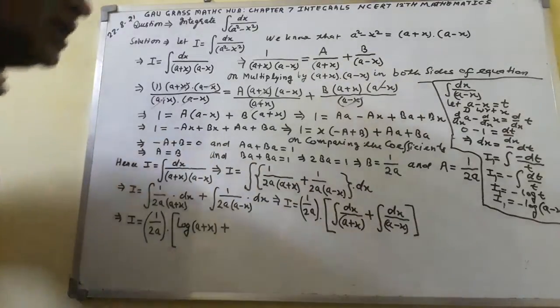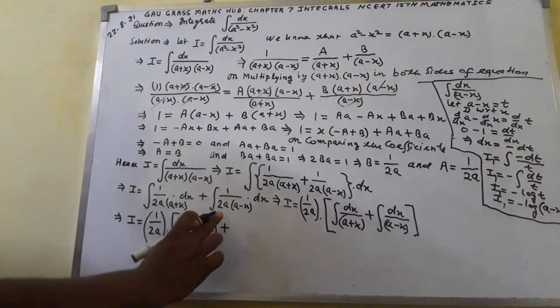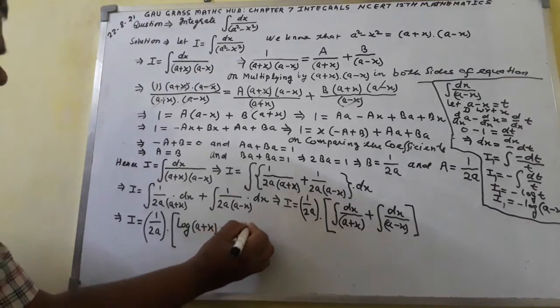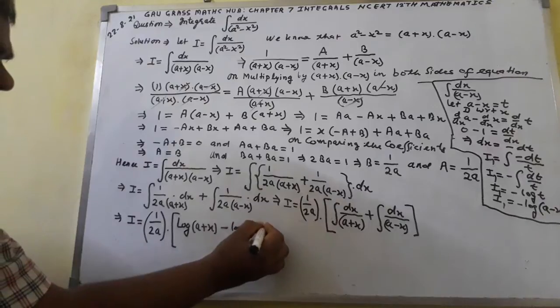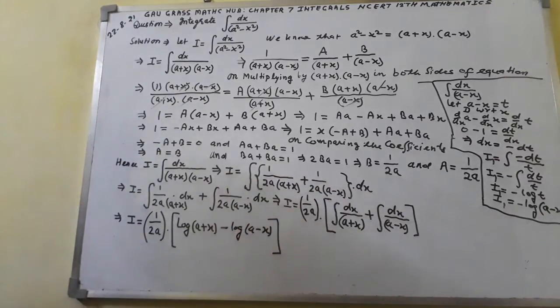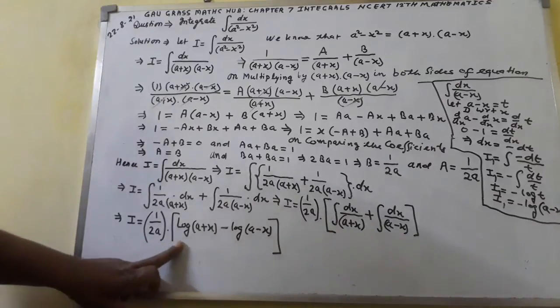So here it will become minus log a minus x. Open here, close here, square bracket. This one you have got.